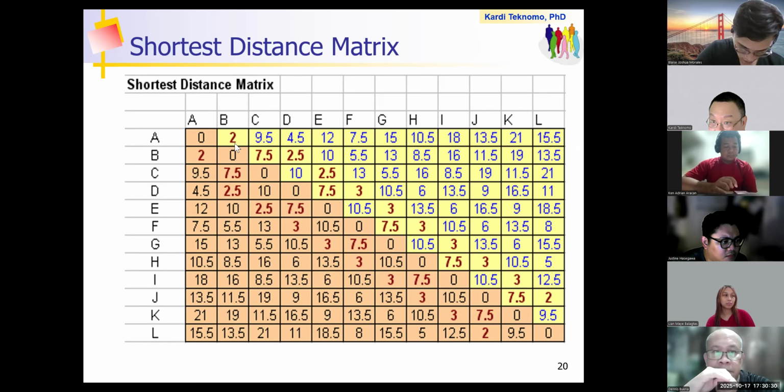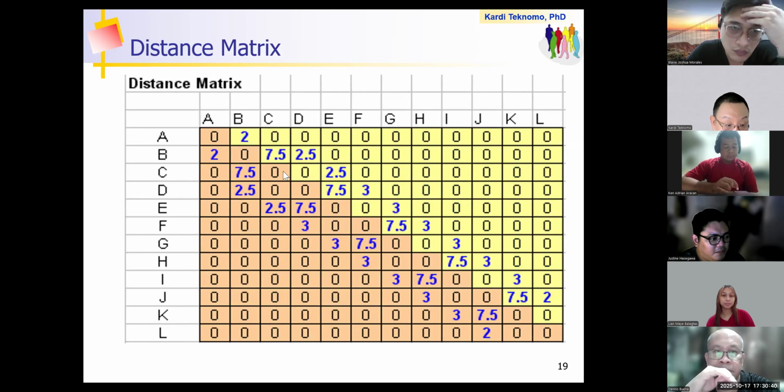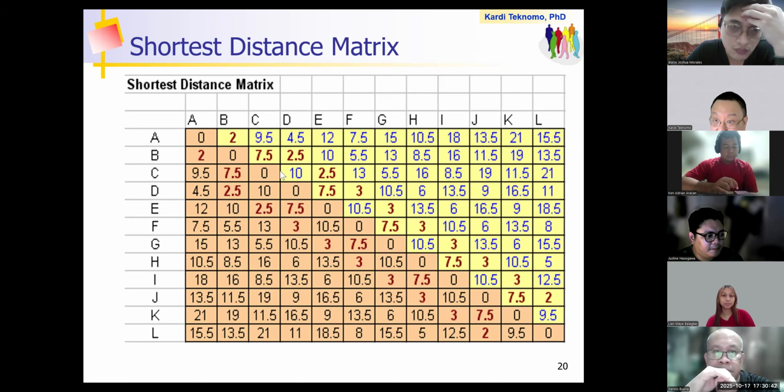If you look at the red numbers here, which are non-zero, 2, 7.5, 2.5, these are exactly the same as the distance matrix, which is in blue here. Of course, from A to B it is still 2. But what is the difference?